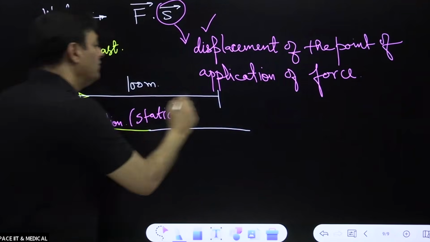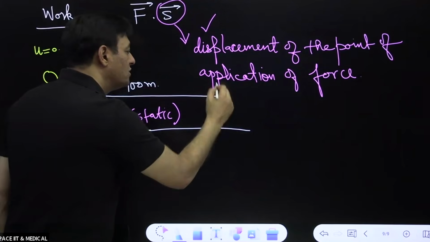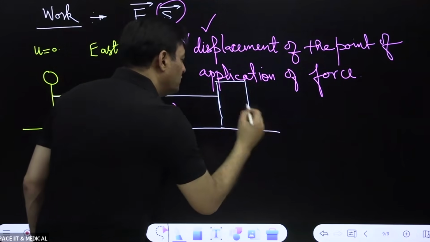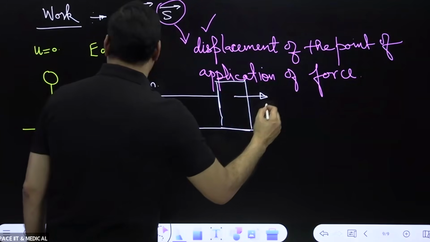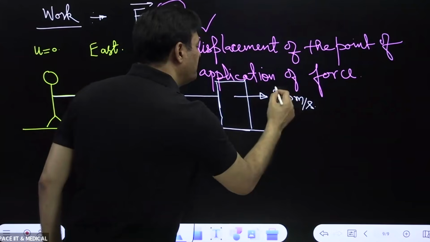There was a friction force acting on him, and his velocity, suppose, was 200 meter per second at the instant when he reached the finishing line.